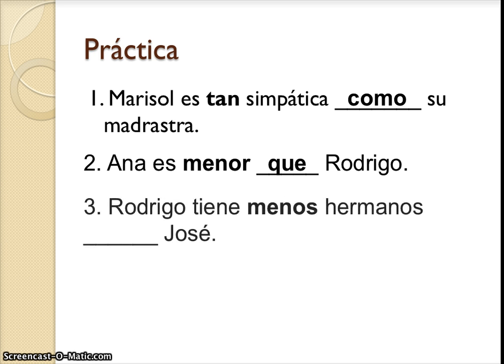Number 3. Rodrigo tiene menos hermanos blank José. Okay, we have menos, then we have hermanos, and then we have our blank. So hermanos is our adjective. So what matches up with menos?